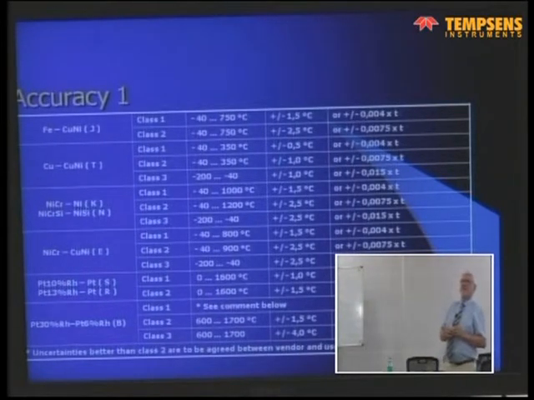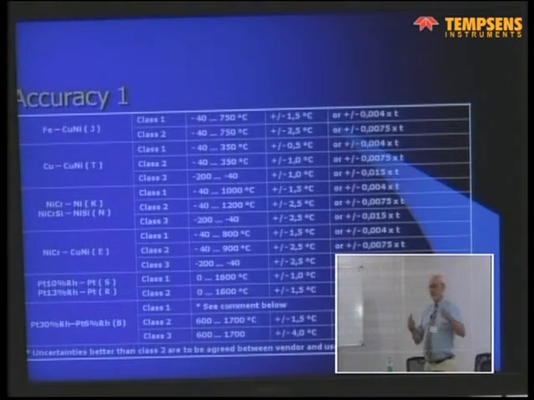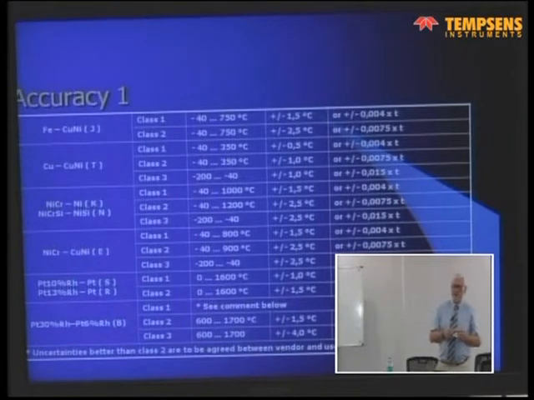And the permitted deviation means in a certain range you have a constant permitted deviation of 1 or 1.5 degrees centigrade, and after a break point you have a multiplying factor to it.